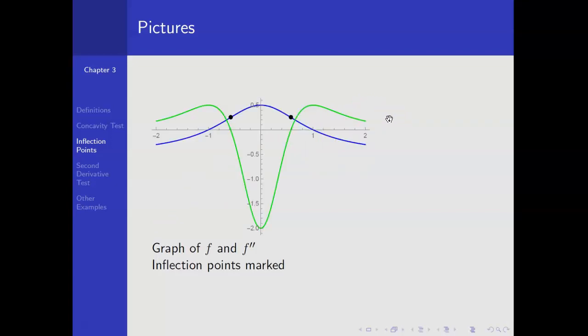And looking at our second example, we have concave up, concave down, concave up again. And so we have two inflection points here. The first one, the graph of f is switching from concave up to concave down. And at the second one, the graph is switching from concave down to concave up.